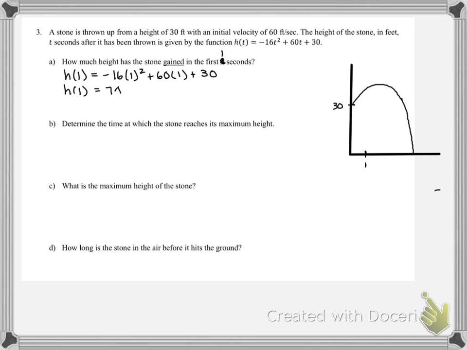So is that how much height we gained after 1 second? No, right? That's how far I am off the ground after 1 second. But I didn't start on the ground, right? So this distance right here between where I started and where I ended up after a second, this is the height gained in the first second.